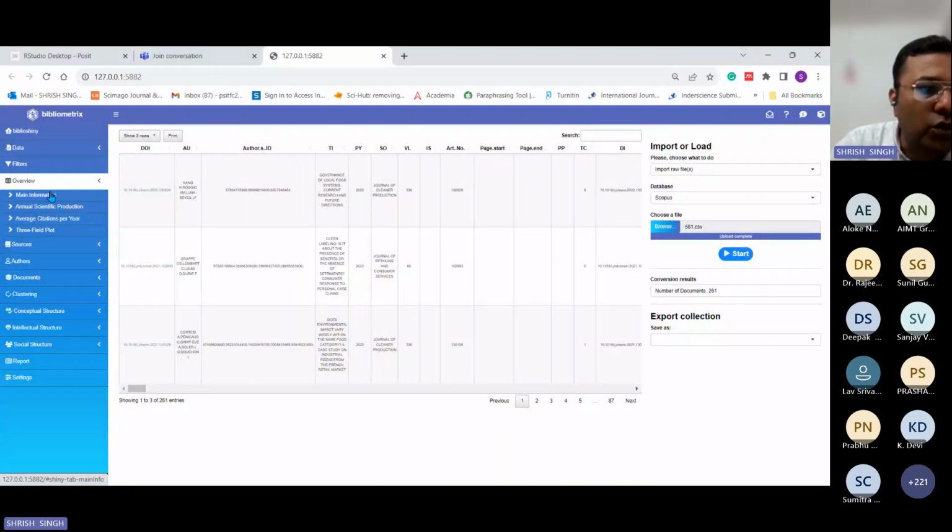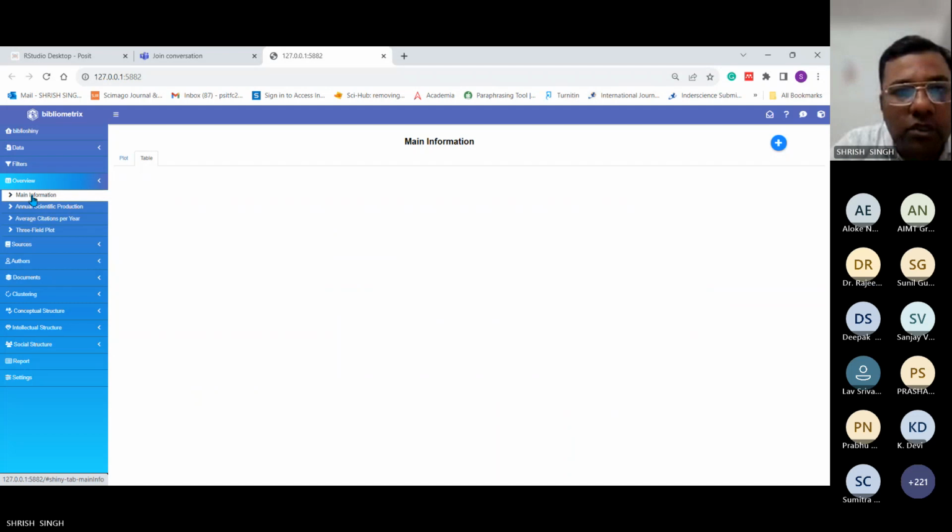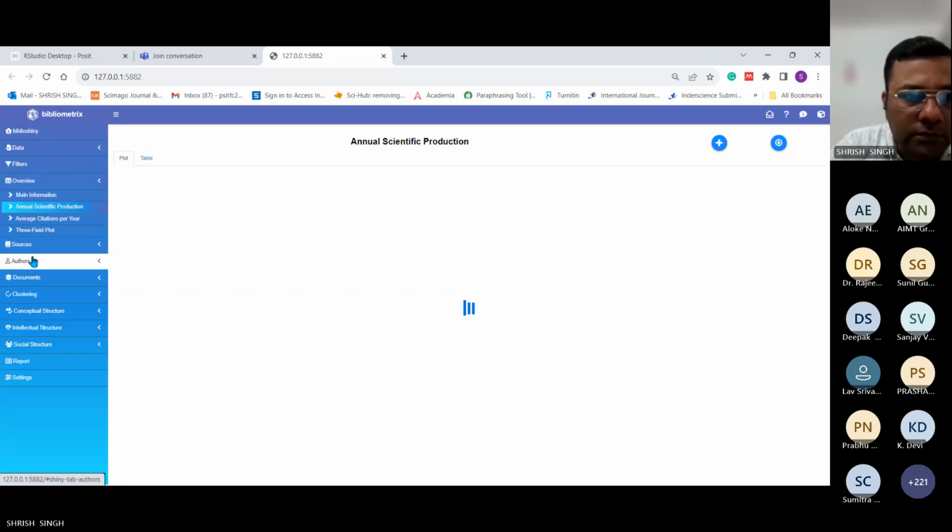In the overview, you can click on the main information. Now I'm going to click it once again. After clicking it, you will find the main information.